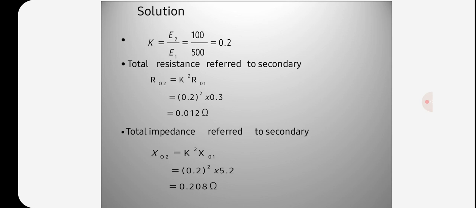Total reactance referred to secondary X02 is equal to K square X01, that is 0.2 square into 5.2. After calculation we will get 0.208 ohm.